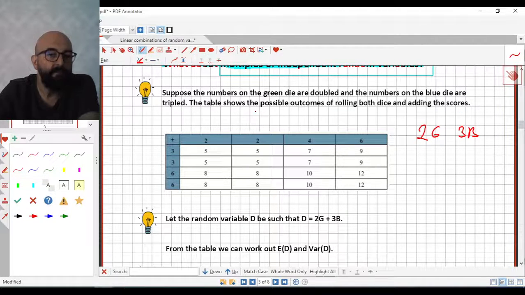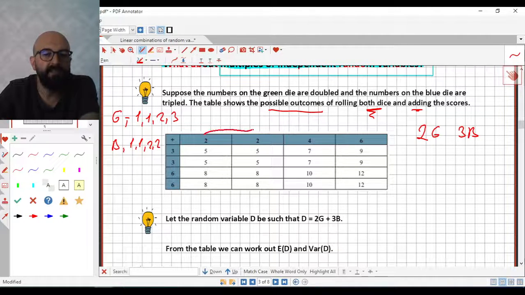The table shows the possible outcomes of rolling both dice and adding the scores. As you remember, green is 1, 1, 2, 3, and blue is 1, 1, 2, 2.